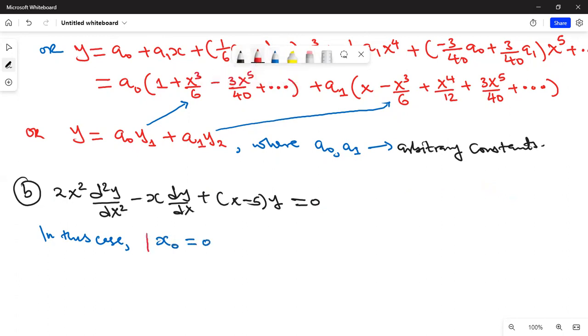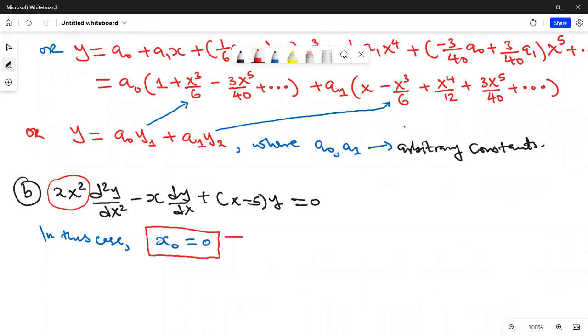So you need to ask yourself, even before you proceed to solve the ODE, you need to know whether 0 is an ordinary point or a singular point. And if it is a singular point, is it regular or irregular? Look at 2x squared. If I substitute x equals 0, I'm going to get 0. So it means the point x naught equals 0 is a singular point. And you need to test, is it regular or irregular?